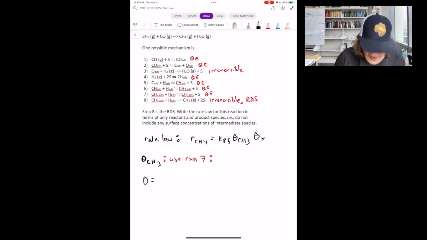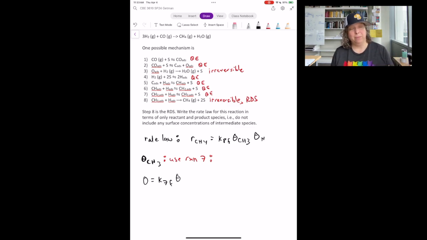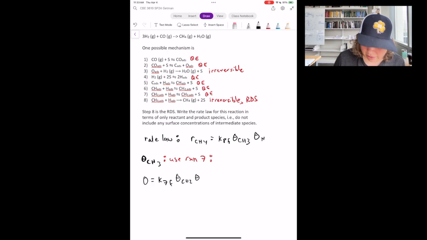And I can write out the rate law for this reaction when I have any sort of mechanism. Actually, if I am writing a mechanism, then usually all of the steps are elementary steps, so I can very easily write out the rate laws for those reactions as elementary reactions. These are all quasi-equilibrated. That means that they have forward and reverse contributions, and because they're quasi-equilibrated, the net rate is equal to 0.